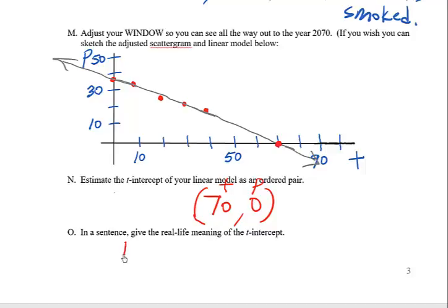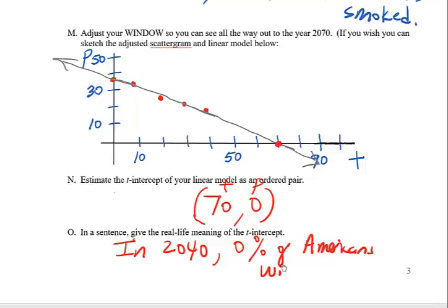That would be the year 2040, 70 years from 1970. In the year 2040, what are we saying? Well, we're saying 0% of Americans will smoke. Or maybe even better, we could have said no Americans will smoke.